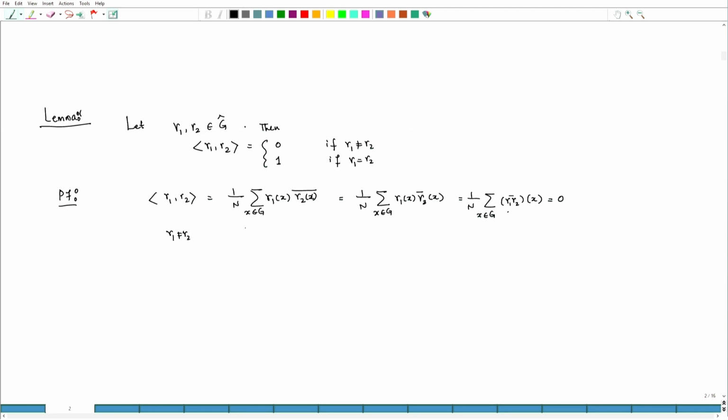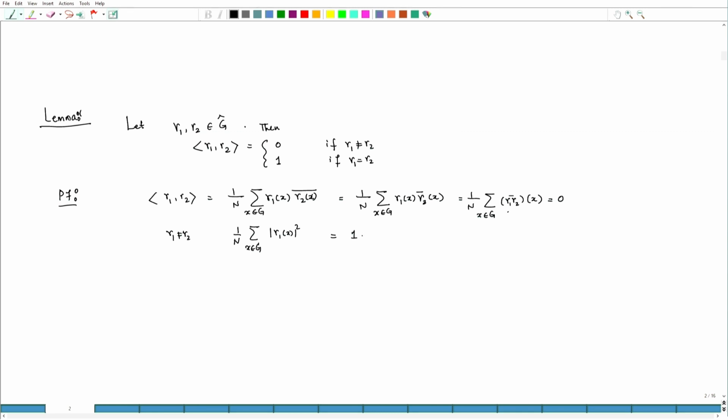Now, if gamma 1 is equal to gamma 2, then by a previous lemma we get the sum over x in G of mod of gamma 1 of x squared, and that is nothing but 1 since mod gamma is 1. So, n times of that, this is equal to 1.